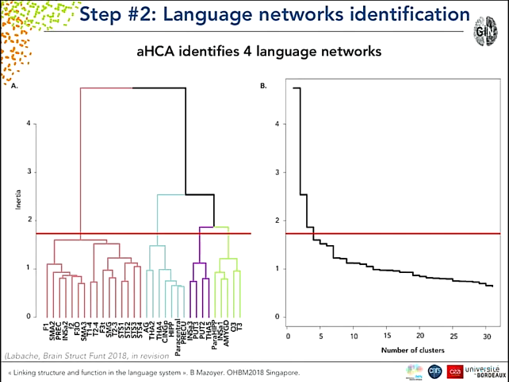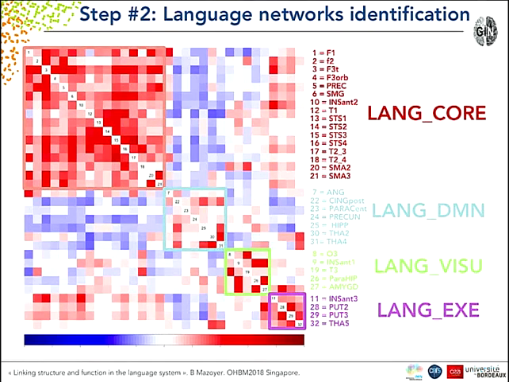So the analysis of this 32 by 32 matrix extracts 4 main networks. And these 4 main networks are like this. First, what we name the lang core, which is a core network for language areas, with, I'll show you after that on the surface display, the most important regions in the frontal and temporal network.